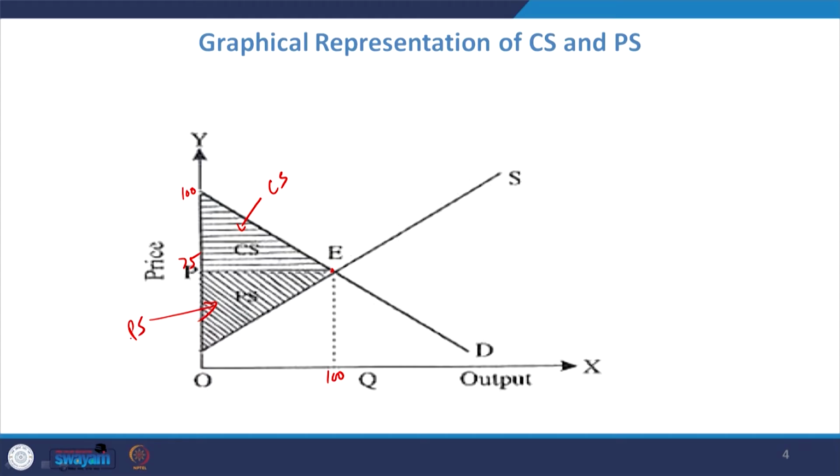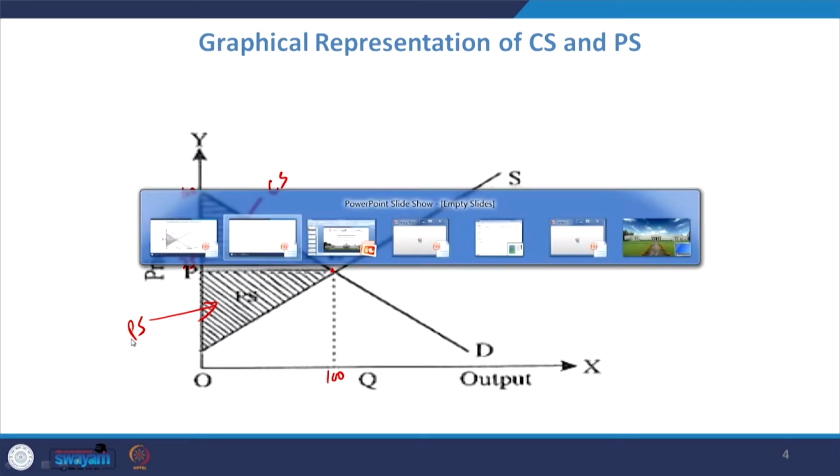Now, one important aspect here is that we assume that price is given, but if there is a change in the price of the product, then the welfare of the consumer will be affected positively or negatively depending upon how the price is changing.